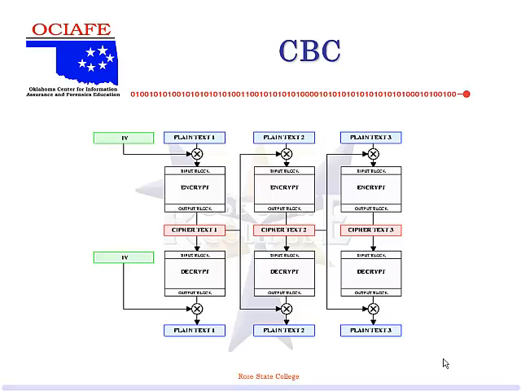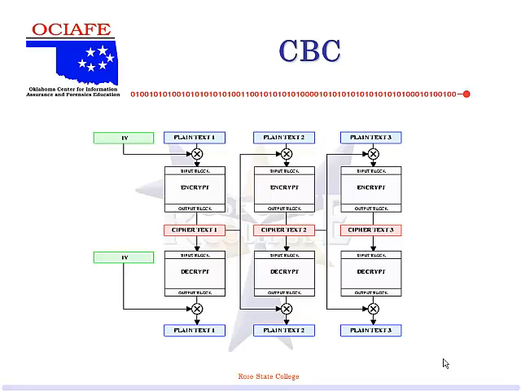So if I put the same plaintext in all three places, will I end up with the same ciphertext? No, you will not. Because remember, the first one is XORed with the initialization vector. The second one is XORed with the first ciphertext. The third one is XORed with the second ciphertext, and so on and so forth.